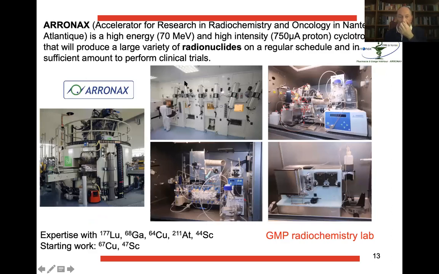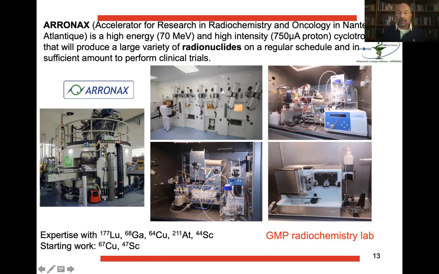Arronax is the example I wanted to give you, because this is one of the most important centers for radionuclide production in Europe. It's a high energy cyclotron, 70 MeV, an IBA machine, and high intensity. You have 750 microamperes of protons, and this will produce a large variety of radionuclides on a regular schedule and in sufficient amount to perform clinical trials.